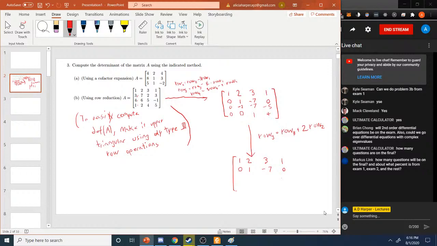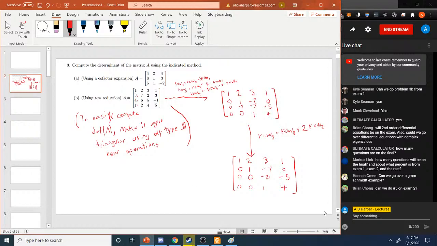The bottom row is going to stay the same, so I'm going to have 0, 0, 1, 4. This is going to stay -5. This is going to stay 0. This is going to go to 0. And I'm adding 2 times -7 to -7, so I'm going to have -21 here. Okay.